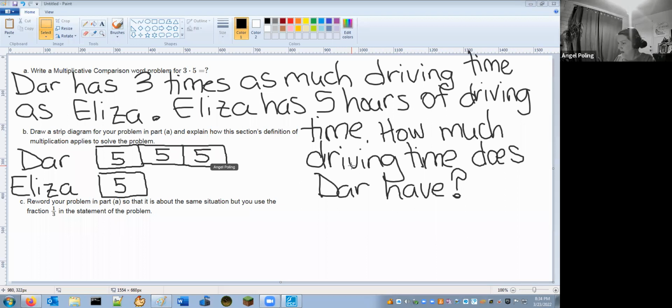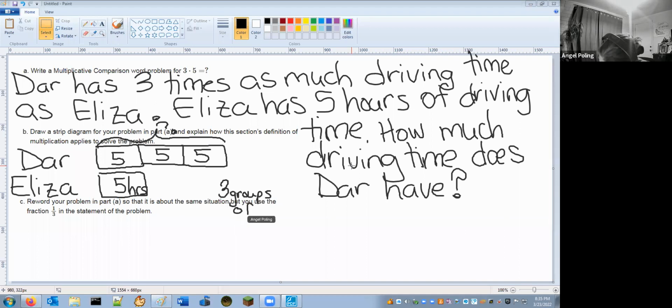And as a result, the question for how much drive time does Dar have, that would have been our question mark location. The answer being 3 of these parts, right? 3 groups. And we should label that hours.